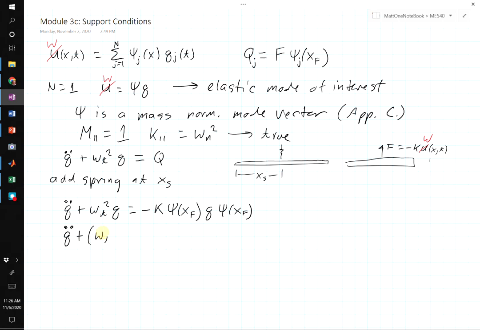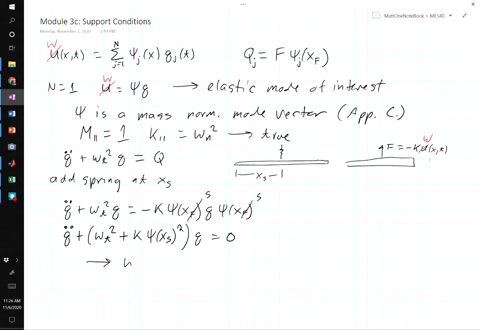So we could rewrite our equation of motion, moving that to the other side, q double dot. Now notice our stiffness term has k psi of xs, where xs is the point where we've applied the spring, squared. And that times q is equal to 0.